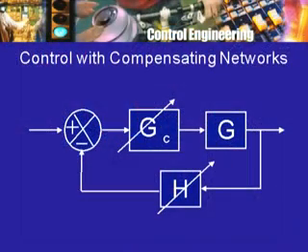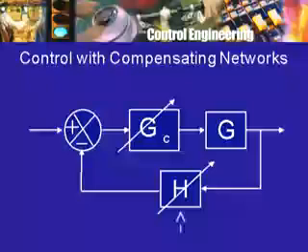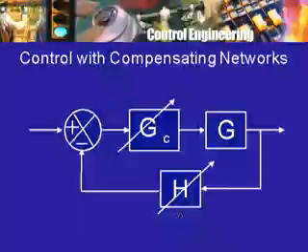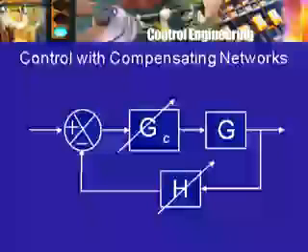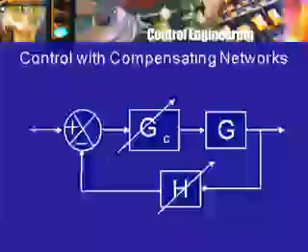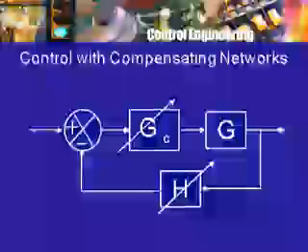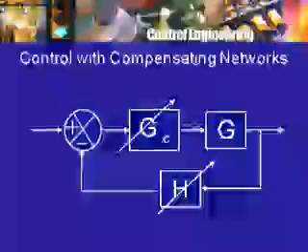Now, just quickly to go over classically what one thinks of, you have the system, the motor, the prime mover and the load combined together, or the plant, represented by the transfer function g. You have the feedback path elements represented by the transfer function h, and then you have what I have called a compensator, which is introduced in the forward path, which produces the output quantity that drives the load.